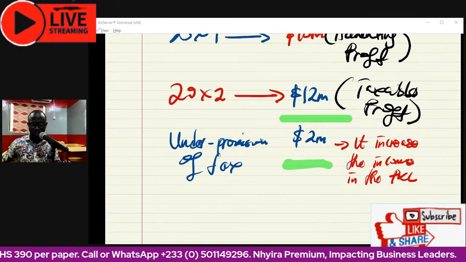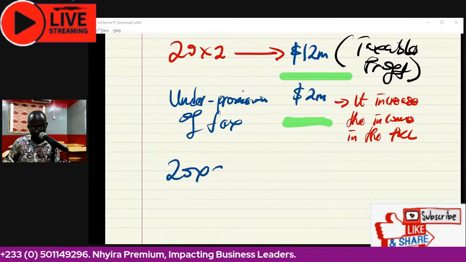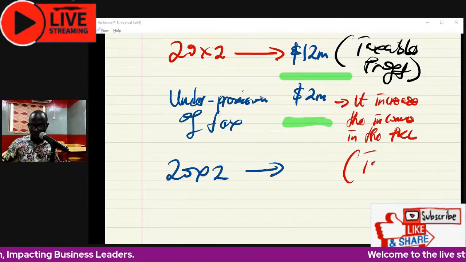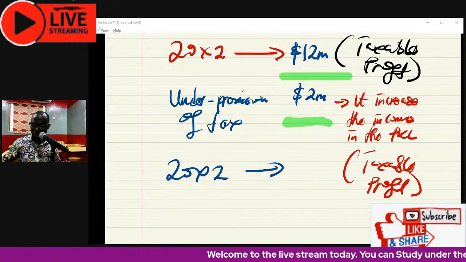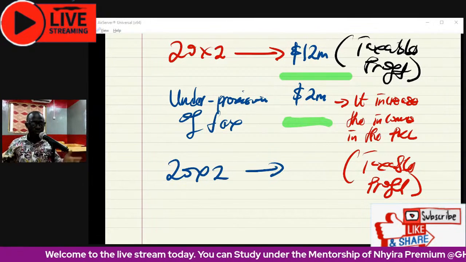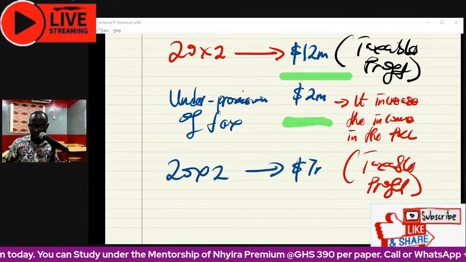The reverse is true. Let's say that in 20x2, when the tax authority came, based on the taxable profit, the tax authority said, we don't know how much you even provided for, but based on our calculations, you're going to pay a tax of, say, $7 million.